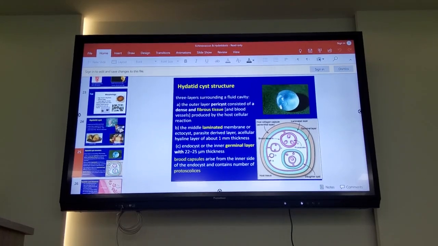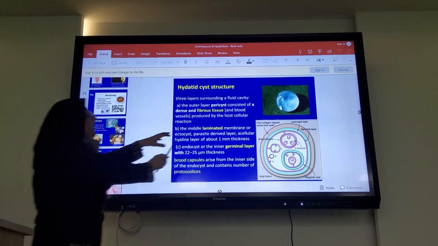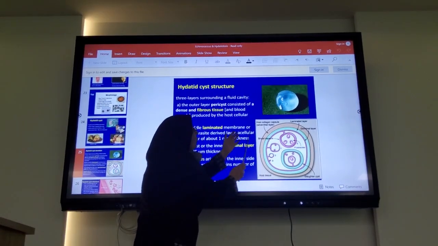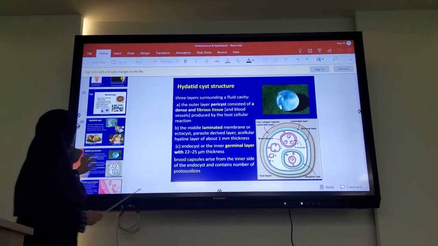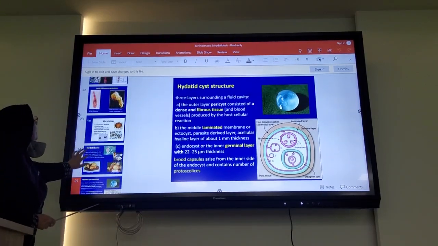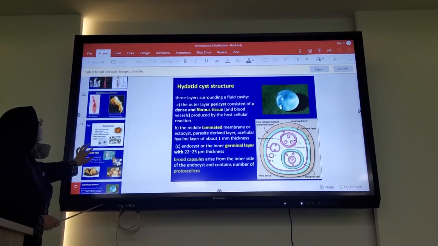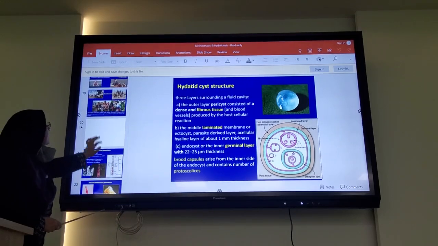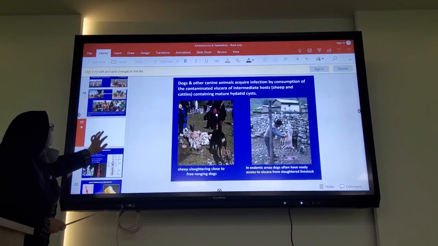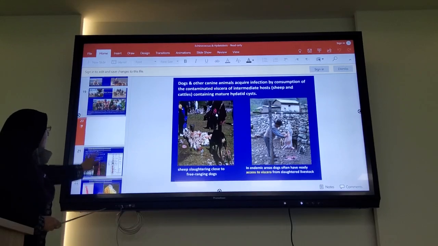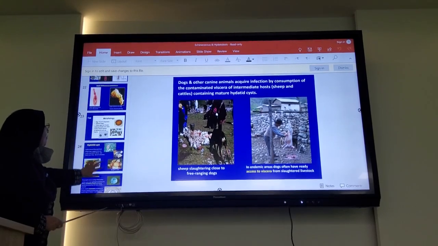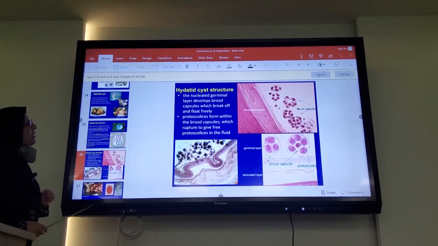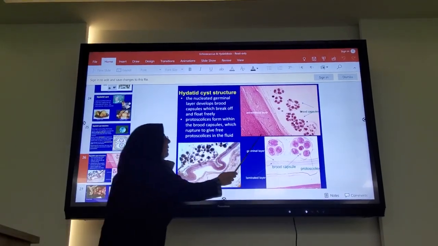From one embryo, a cyst develops, for example, in the liver, full of protoscoleces. When such a cyst is eaten by an animal, for example, a dog, one cyst can develop with many thousand protoscoleces.